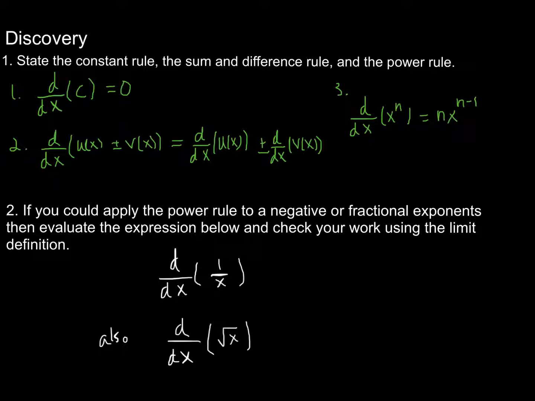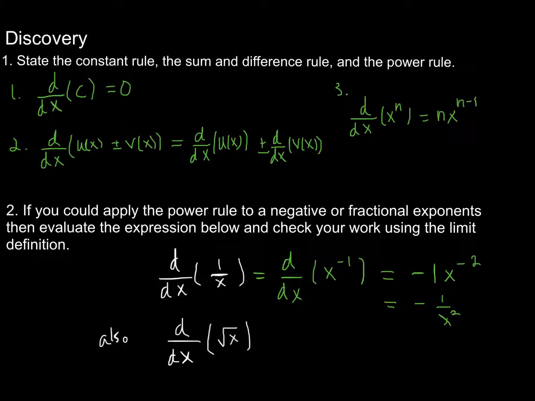And if you move on to number 2, and you notice these here are some creative ways of writing an exponent, this is really taking the derivative with respect to x of x to the negative 1. And if you applied the power rule, you'd get negative 1 x to the negative 2, which can be rewritten as negative 1 over x squared.